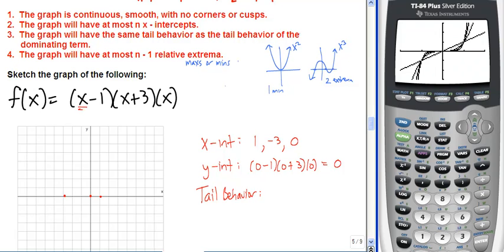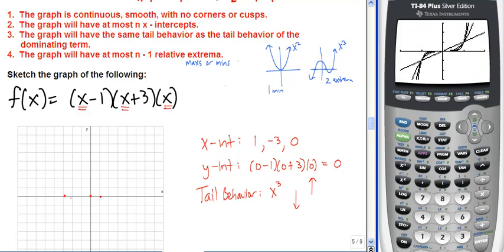Well, it would be this x times this x times this x. So the dominant term would be a positive x cubed. Since that's odd, with a positive coefficient, we know that its tail behavior has to be down on the left and up on the right. It has to rise up as we go left to right.